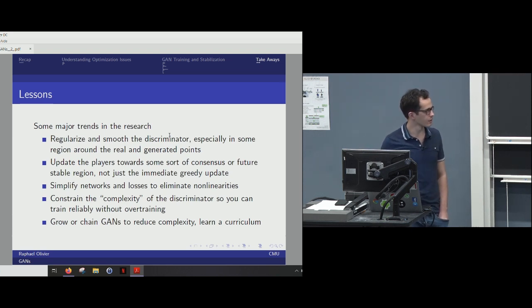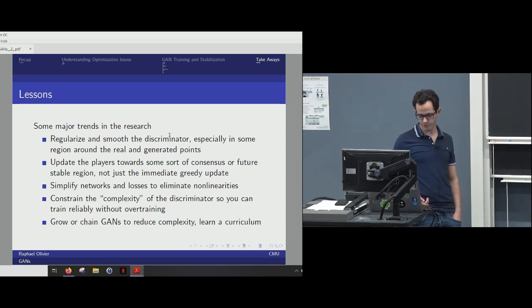If you sum up the families of partial solutions: you have the family where you try to regularize the discriminator to make the problem easier to optimize. You have the consensus idea where you try to make the two players work together toward a common goal instead of doing their own thing in a greedy way.